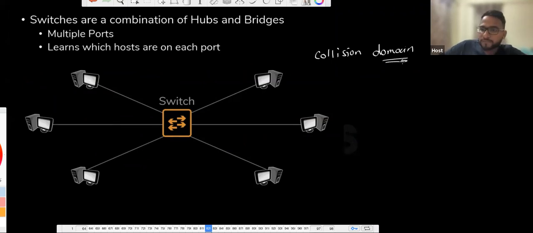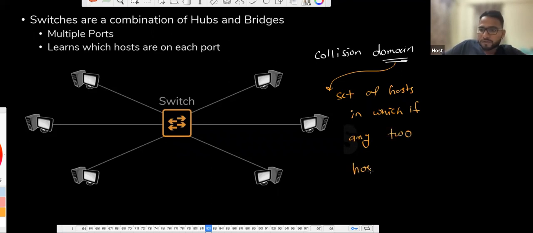Domain means set of hosts, in which if any two hosts are sending data, then it collides.